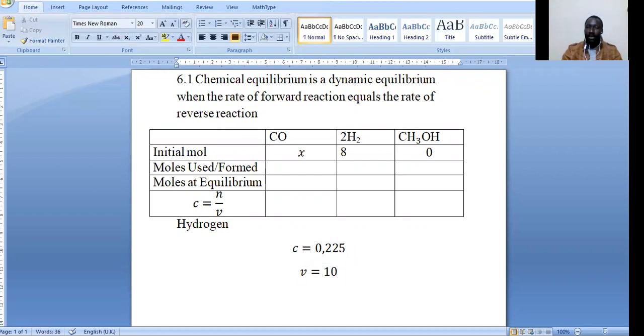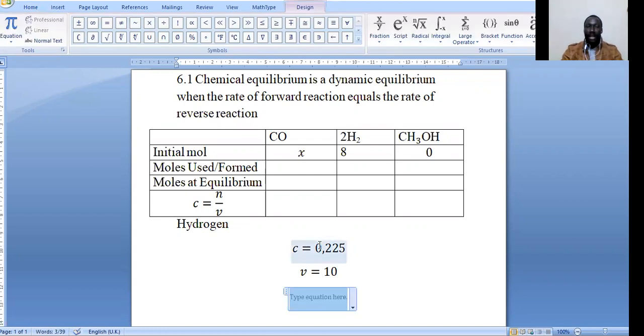Can we calculate the number of moles? Yes, we can. The number of moles we are calculating right now is the number of moles of hydrogen that was used during the process of formation of methanol. So what is going to be the number of moles here? We will use the formula which is given right up here.